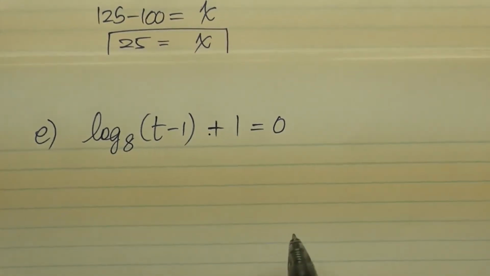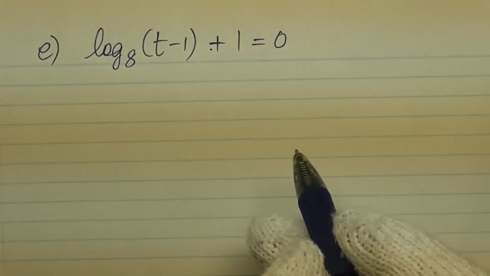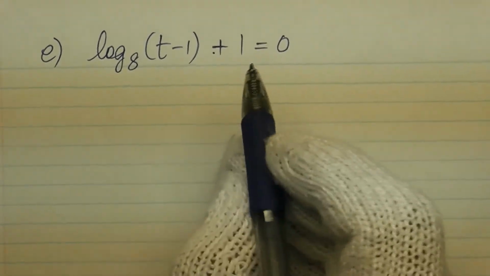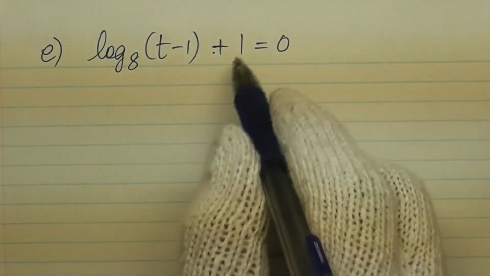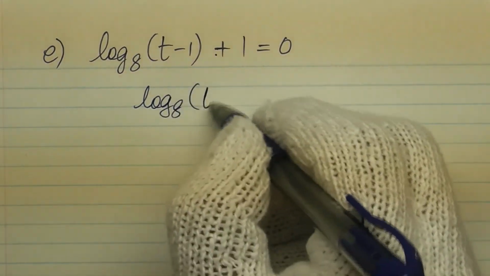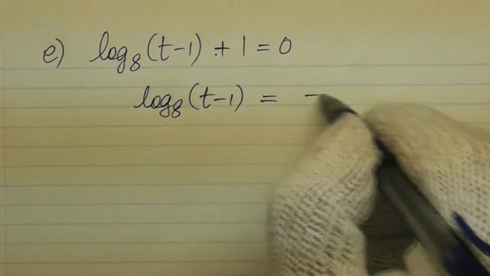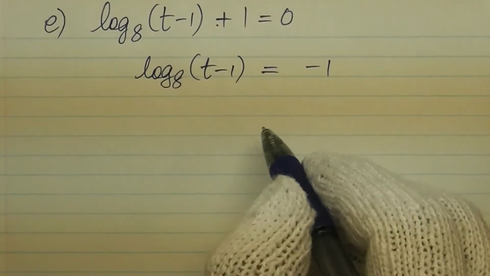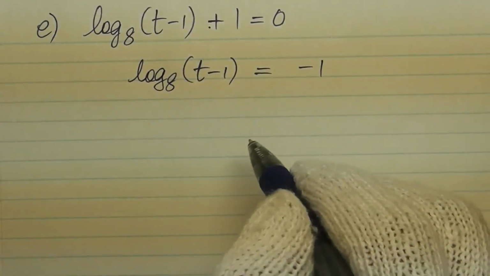So log 8 of t minus 1 plus 1 equals 0. So I can move the 1 to the other side. And I can raise both sides to base 8.